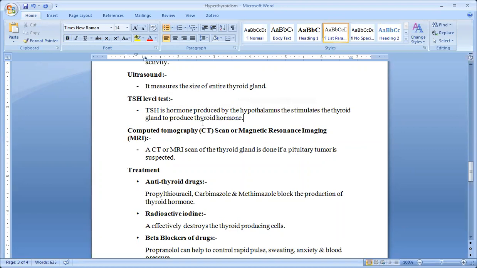Which type of hormone? Thyroid hormone, T3 and T4. Okay, do you understand?